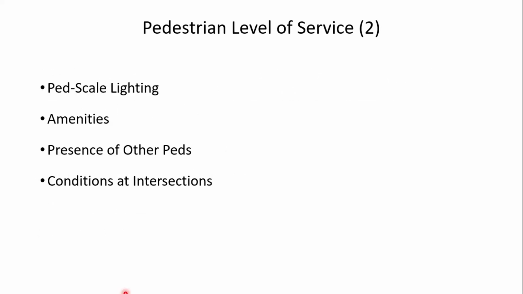Also, pedestrian scale lighting, amenities, things like benches, even street art or urban art, whatever the name of that formally is, signage, those sorts of things, even things like restrooms. Maybe that's not an amenity, maybe a necessity, but still, availability of public restrooms within the walking environment or nearby. And then interestingly, the presence of other pedestrians seems to attract people.